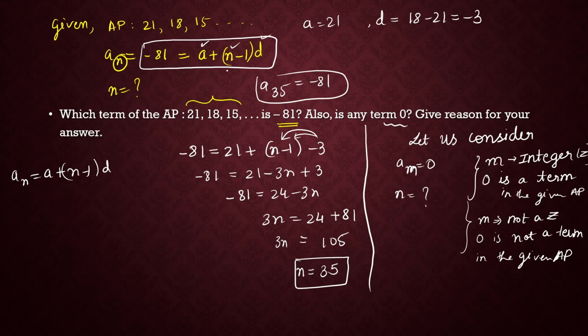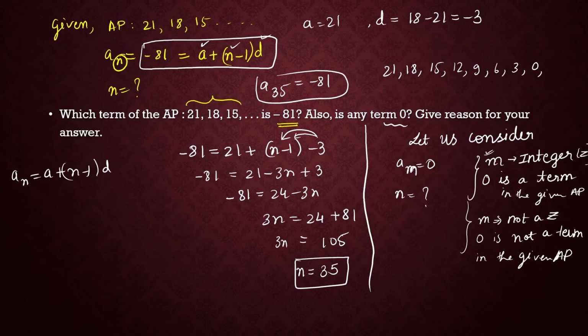Okay, in simple way I'll show you here. See, 21. If I continue writing the whole series, 18, 15. If you do minus, it's 12. 12 minus 3, 9. 9 minus 3, 6. 6 minus 3, 3. 3 minus 3, 0. So 0 is coming as this. So in that case, m must be the integer.